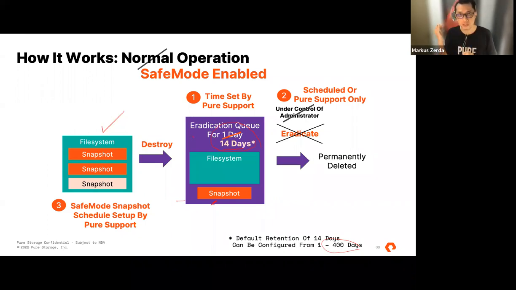You need to ask your account team if your customer can enable object safe mode. Object safe mode basically applies if you destroy an object. So let's say you have a bucket with objects within it.